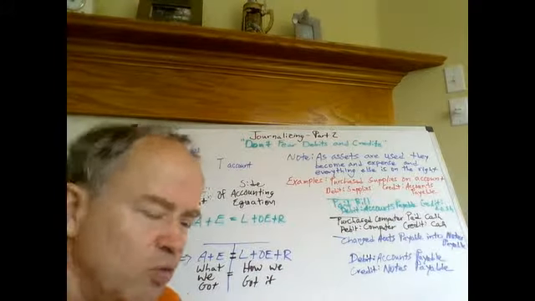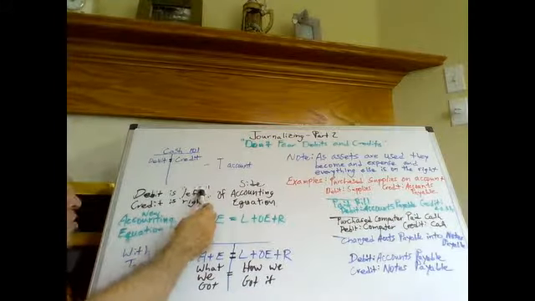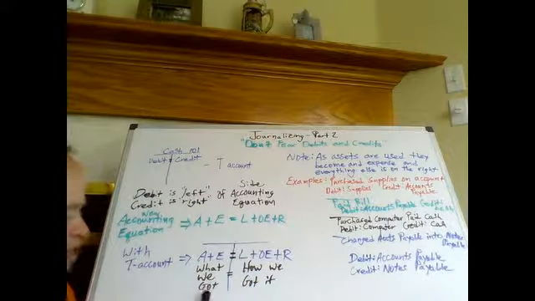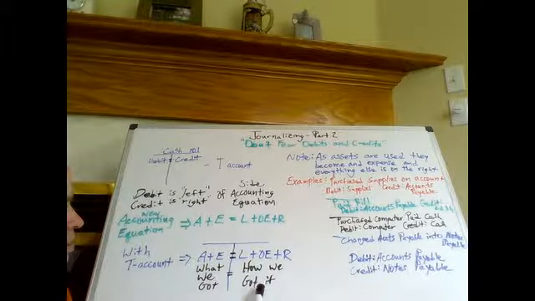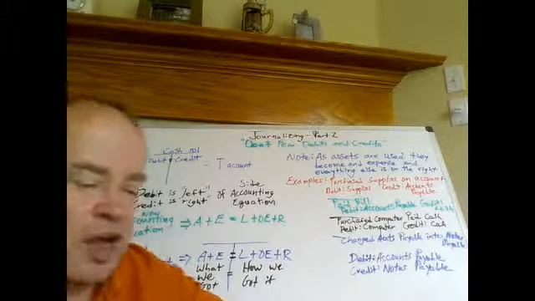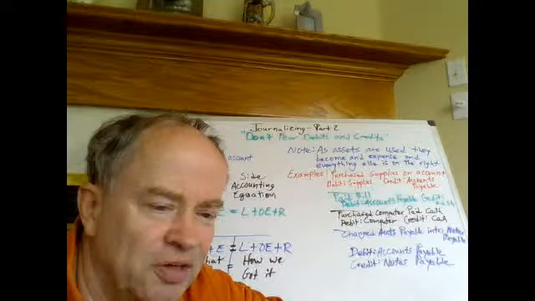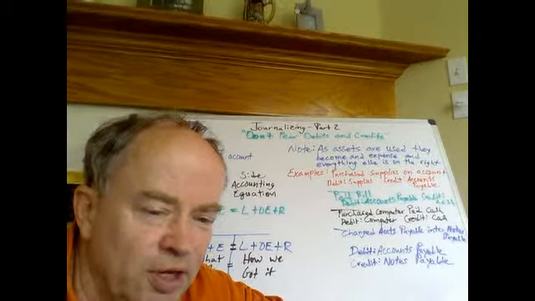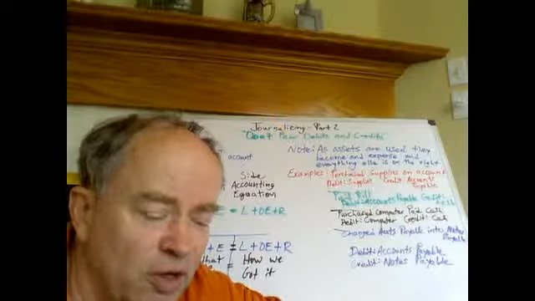Don't fear debits and credits. Debit just means the left side of the accounting equation, credit is the right side. Debits refer to what we got, credits to how we got them. So we will refine this a little bit in Part 3, where we'll look at a real journal and see what it looks like.